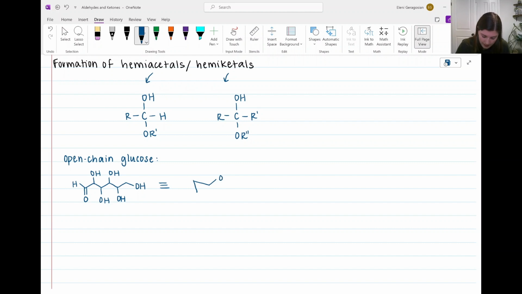Looking at it, just arranging the atoms to look more like a cyclic carbon. So we have the aldehyde on one side, the alcohol on the other side, and then each carbon in the ring is also bonded to an OH group.